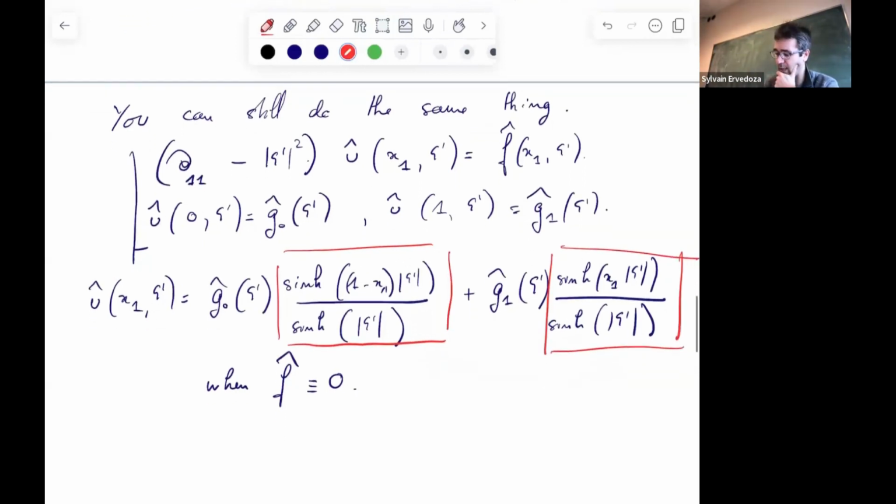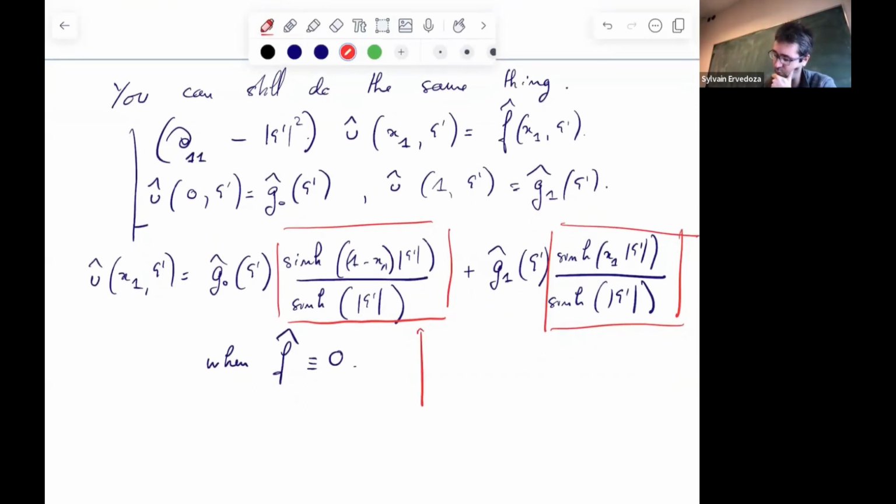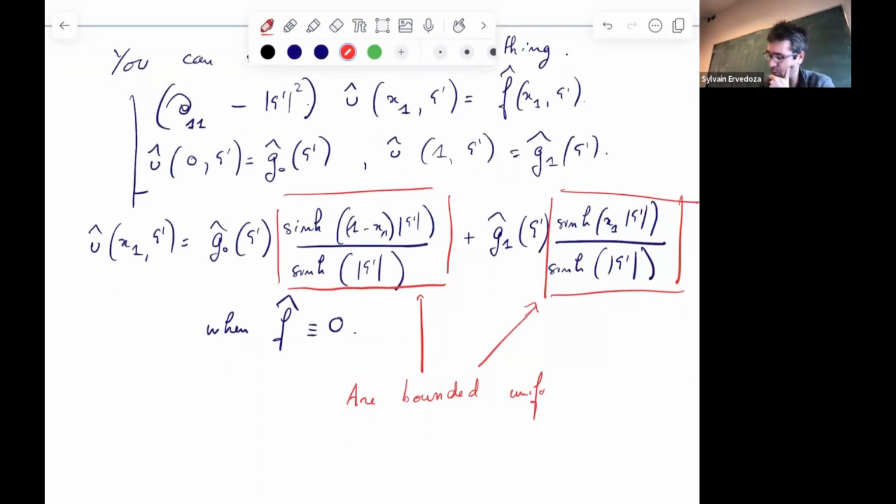And in particular, to realize that these two quantities are bounded uniformly in psi prime and x1, let's say in x1 psi prime in 0, 1 cross R^(d-1). So this is why at the end you'll get a well-posed problem in the usual class.